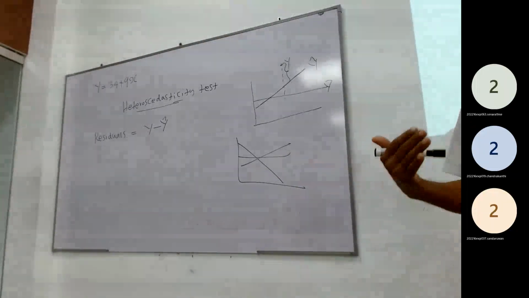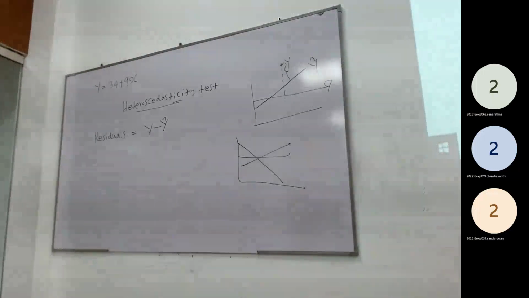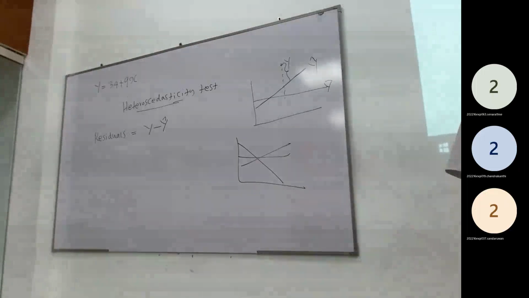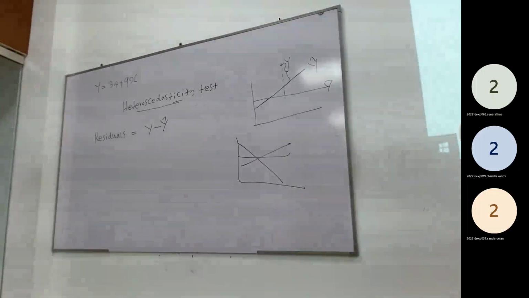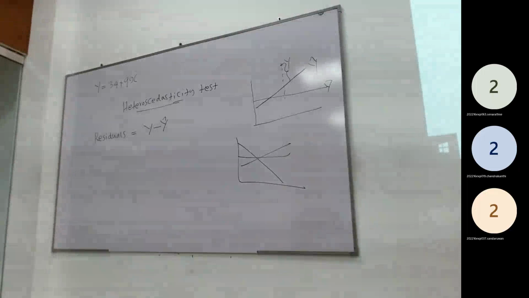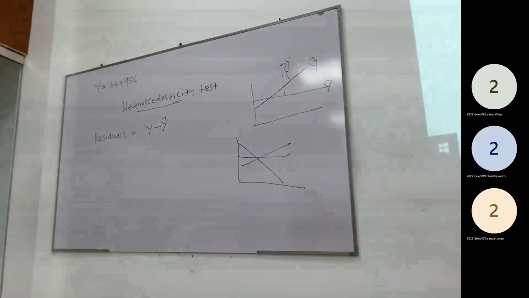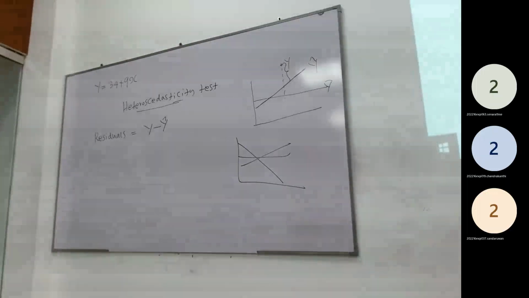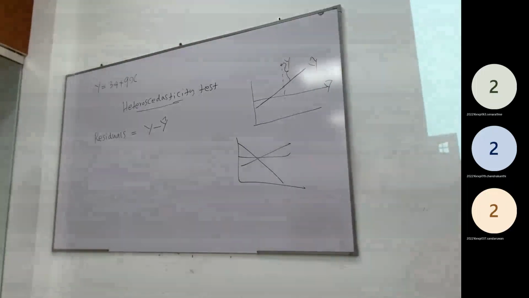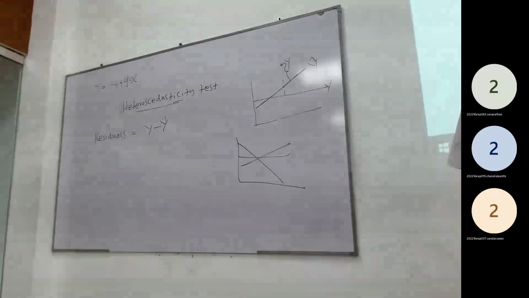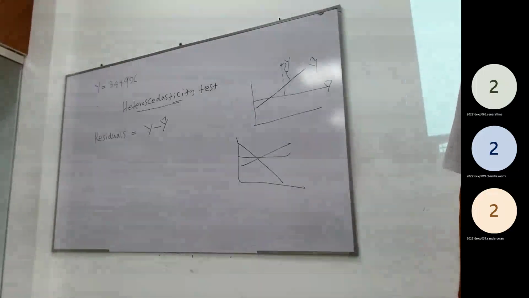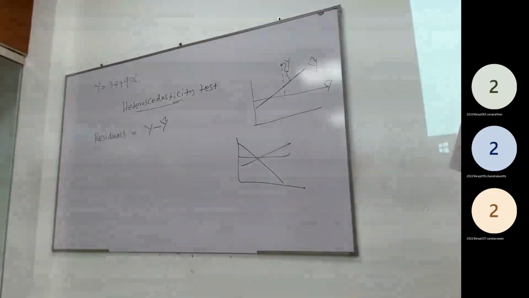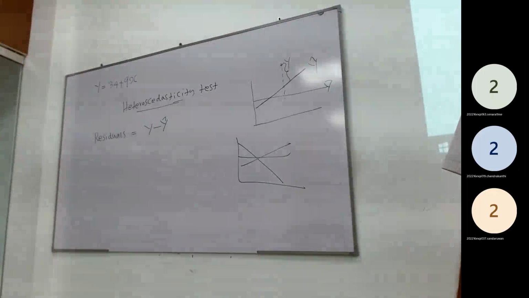If the variance of the residual is constant, that is called homoscedasticity.